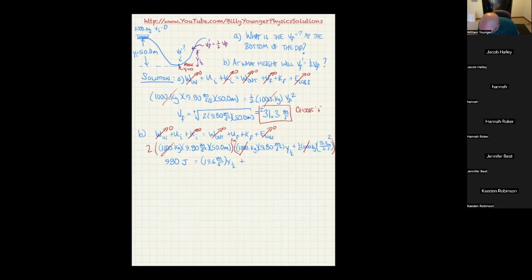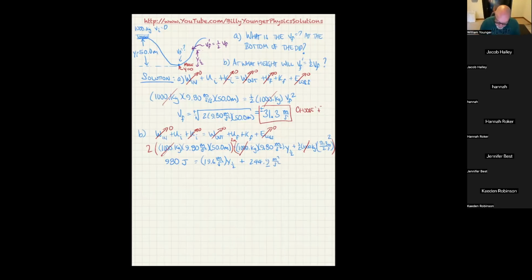But in this case, I'm going to take 31.3 and divide it by 2. And then I'm going to square that. So it's 15.65 squared. And that's all I have left for that last term. So I'm going to call this 244.9. And that's 1 extra sig fig. And that's going to be meters squared per second squared, like that.